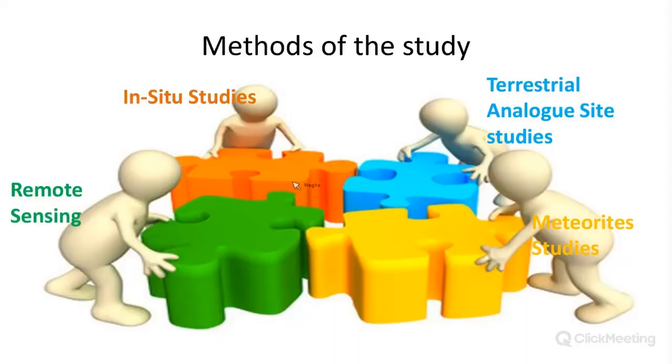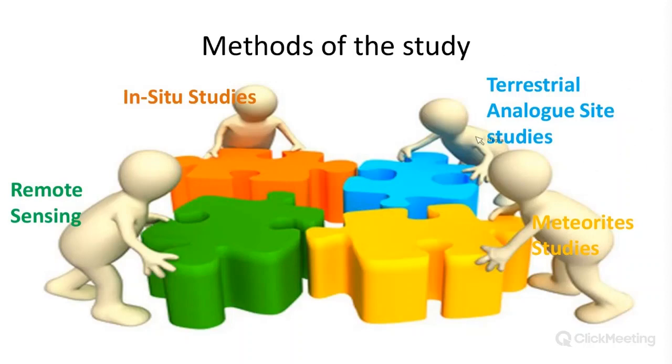So basically, our approach is that we need remote sensing observations. We also need in situ information so that we can interpret our remote sensing observations. We also look for terrestrial analog sites.